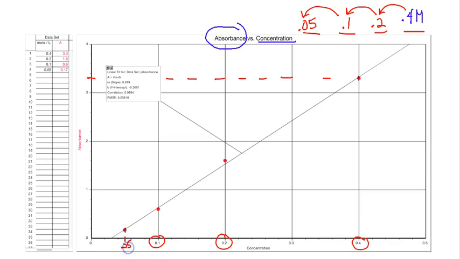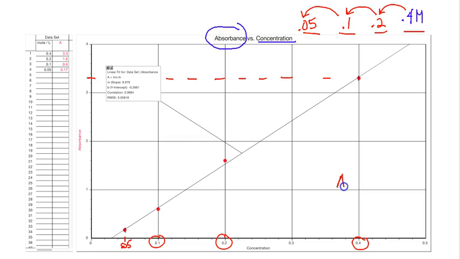And we noticed there is a linear relationship. We hit the regression button, which made a best fit line between the points. Notice this is not connecting the dots, it's a best fit line. The reason we do that is because errors in either our dilutions or in the equipment themselves will lead to some variability, but there is a linear relationship.